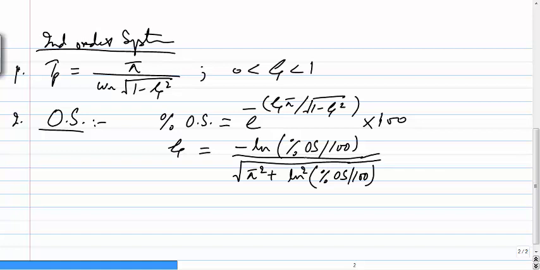So this is the formula; we can calculate zeta from the overshoot. Now the third important one is the settling time, Ts. Ts is equal to 4 divided by zeta omega n.